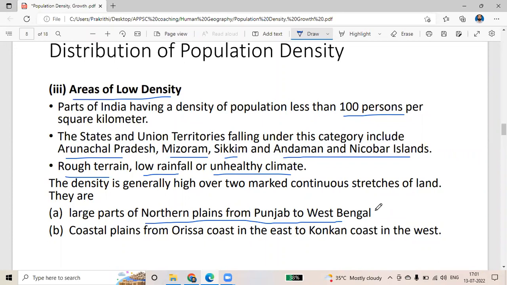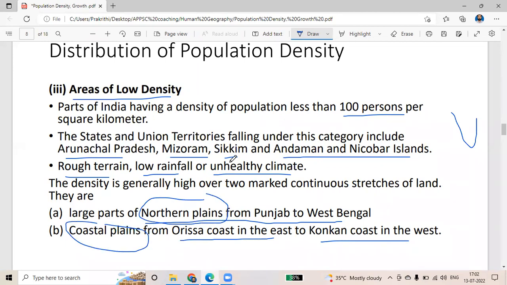Then the coastal plains from Orissa coast in east to Konkan coast in the west. तो पूरा Orissa coast से Konkan coast तक ऐसे आएगा. ये जो region है coastal area. So if you look, the area which is plain has the maximum population density. That's it.